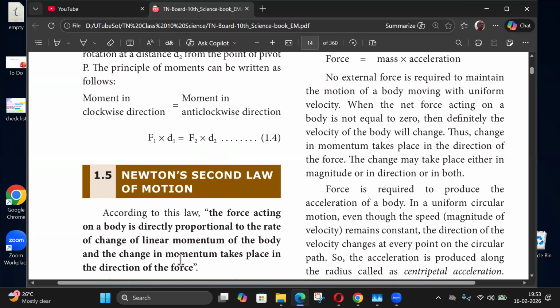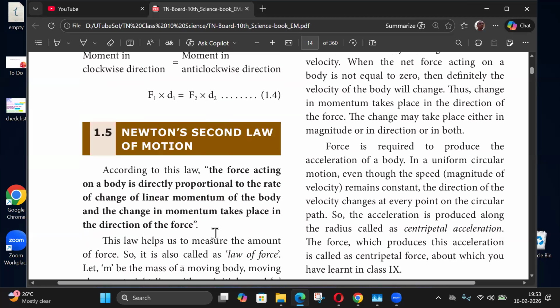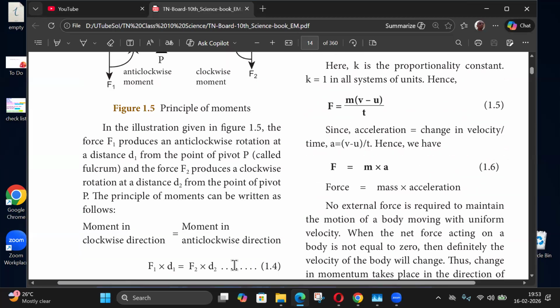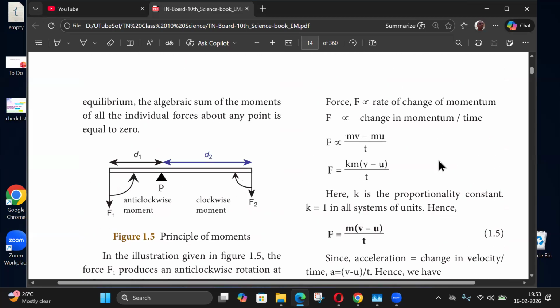So basically, this is the starting point. Force is proportional to change of momentum. Momentum is mass into velocity. Change in momentum is final momentum minus initial momentum. That is the change, and how much time it takes for that change is the rate of change.